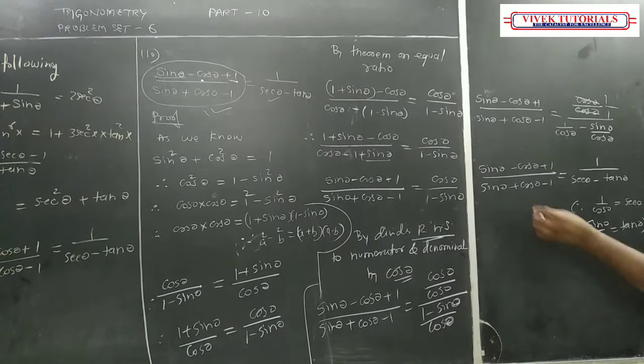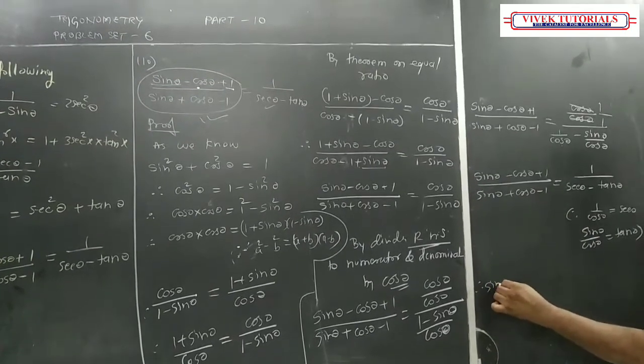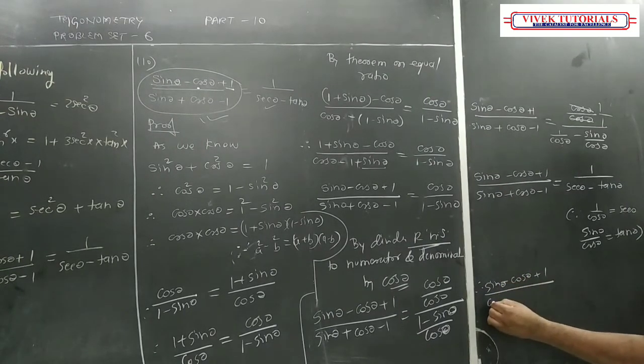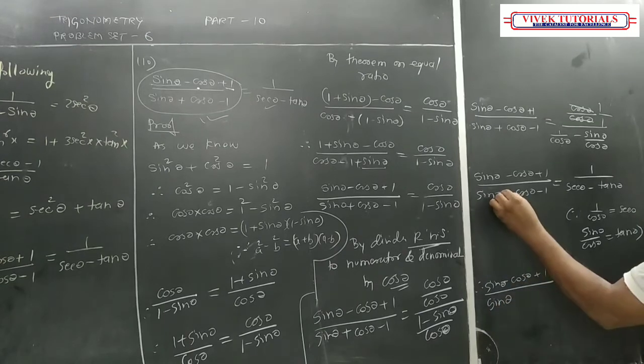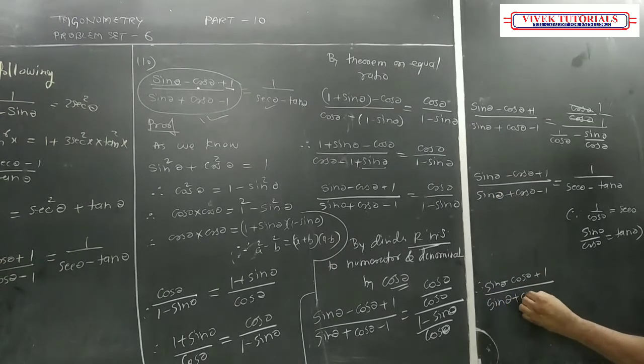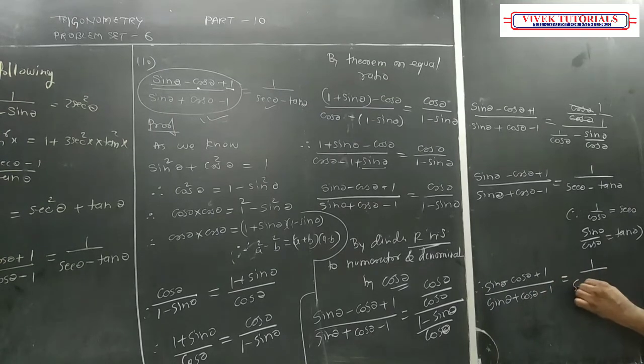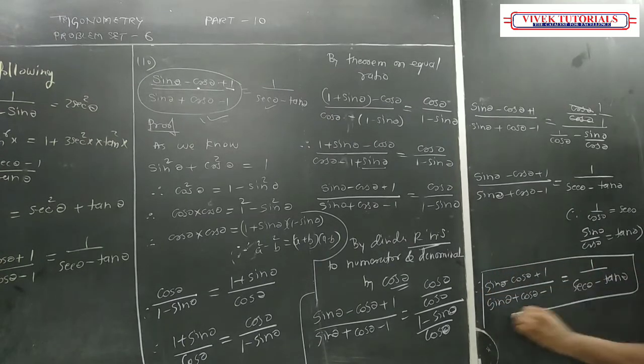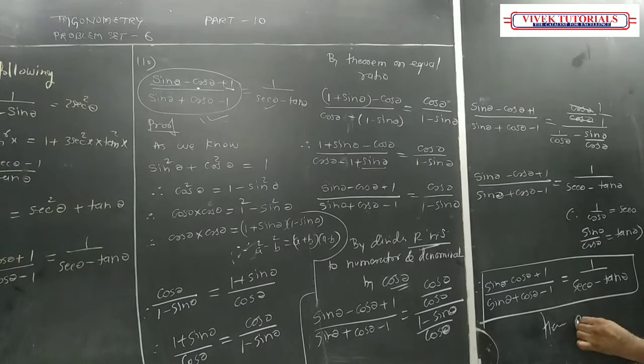So this is your final answer. I will write it once again: sin theta minus cos theta plus 1 upon sin theta plus cos theta minus 1 upon sec theta minus tan theta. You are going to put it in a box and write hence proved.